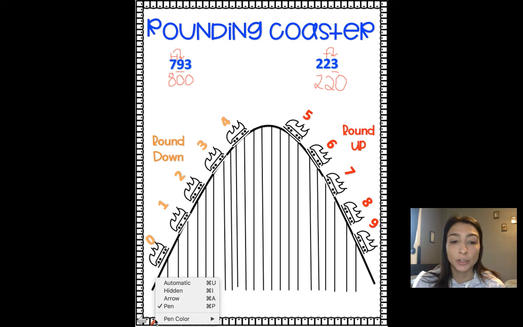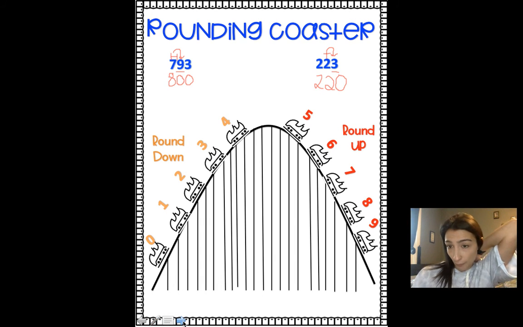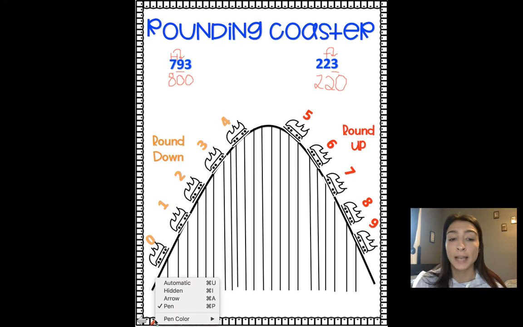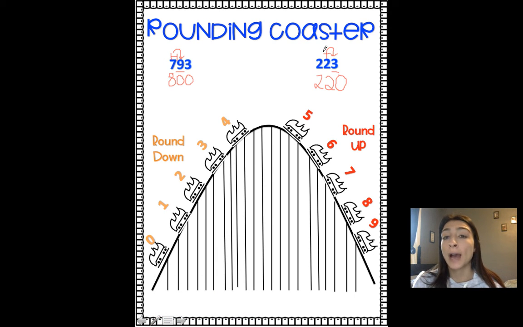Now, if we wanted to round to our nearest hundreds place, then we would have to look at our 2.